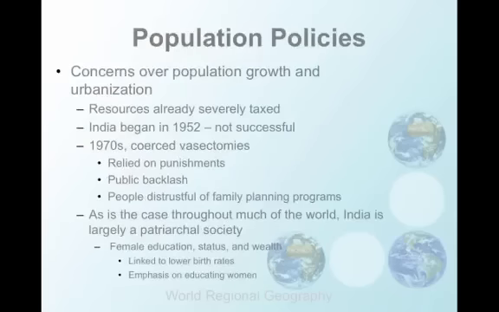Because of the large population of India, there have been a number of population policies put forth. The government of India realizes that resources are already severely taxed, so just as we saw in Latin America and in other regions of the world, there is typically a large migration going from rural areas to urban areas, so this puts a tax on urban areas in particular, where, for instance, we saw a couple of slides ago, there are hundreds of millions of people in India alone that are living in poverty.